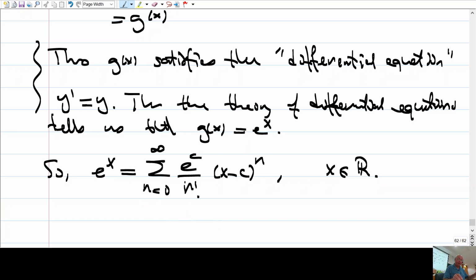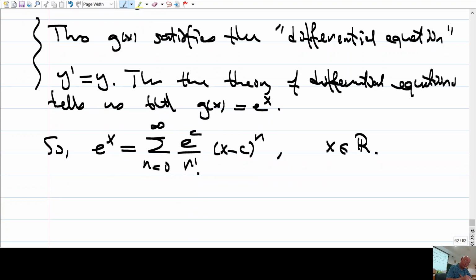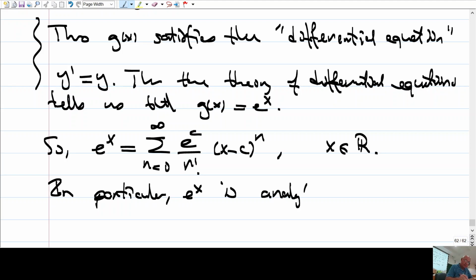So e to the power x is equal to its Taylor series, and this means that, in particular, e to the power x is analytic on the whole real line.